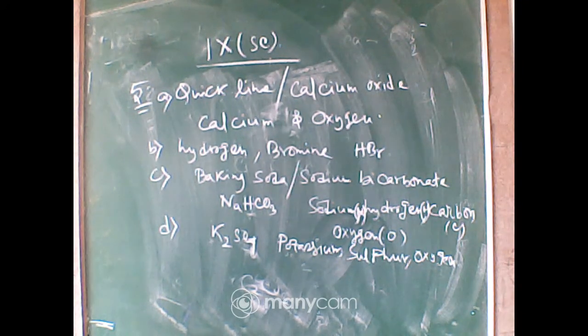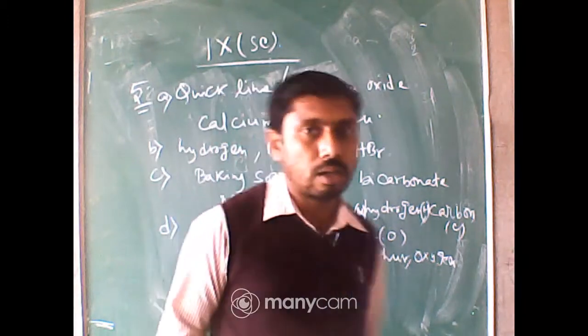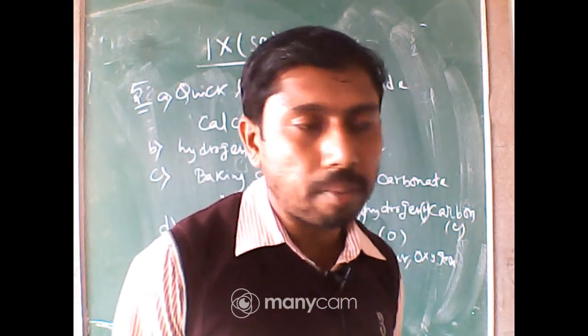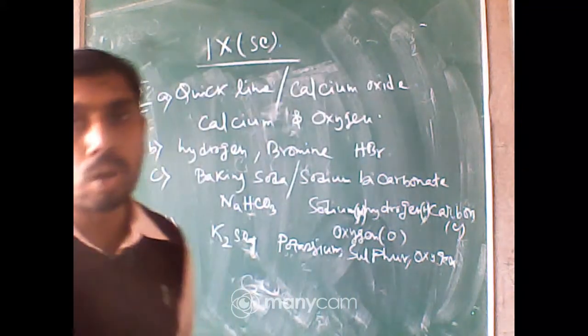Now the next question is question number 6. Okay. So let's start question number 6. You have to find out the molar mass. The molar mass is also called by another name, molecular mass, or the mole, 1 mole.